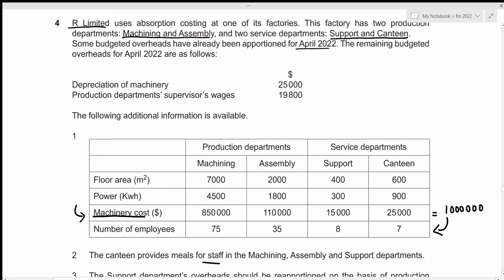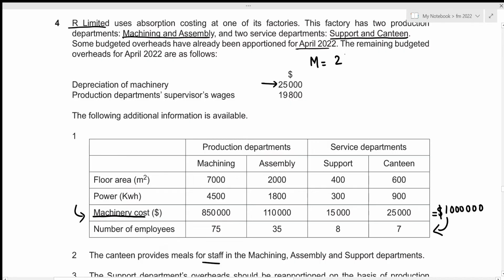Okay, and now we will be apportioning on this particular basis. So it just means that out of the total machinery cost of 1 million, 850,000 belongs to machining department, 110,000 belongs to assembly department, 15,000 belongs to support department, and 25,000 belongs to canteen. And on this basis, we will be apportioning the total depreciation amount of 25,000. So let's figure it out for machining department.